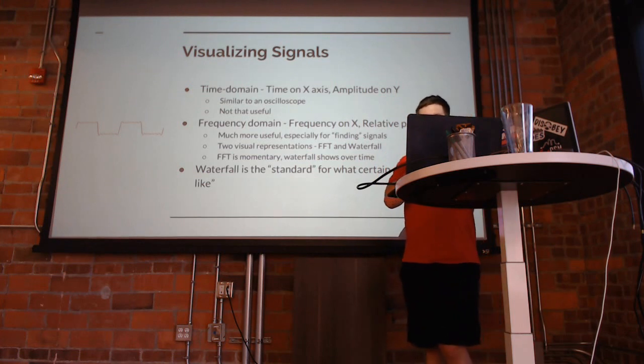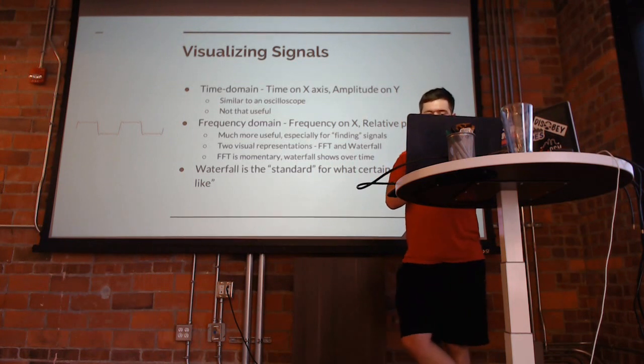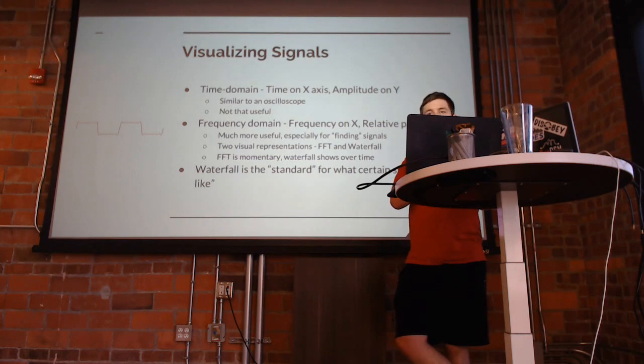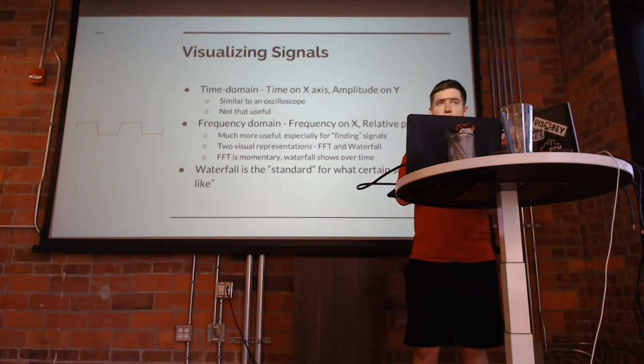When you're working with a software-defined radio, it's important to be able to visualize, oh, that is a GIF, and this is a PDF, and that's a very useful GIF. Whoops. It's important to be able to visualize signals, especially if you're building a signal chain on your own. There are two domains you'll typically think of a signal in.